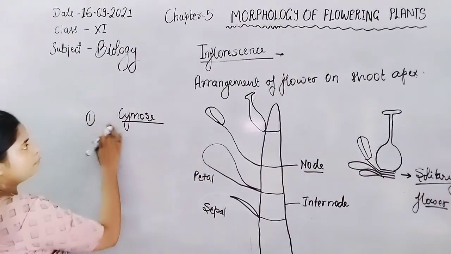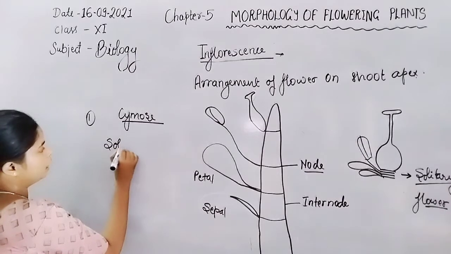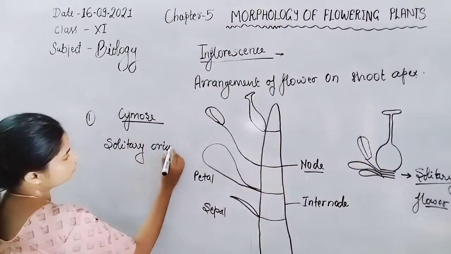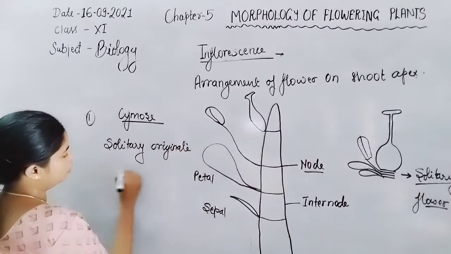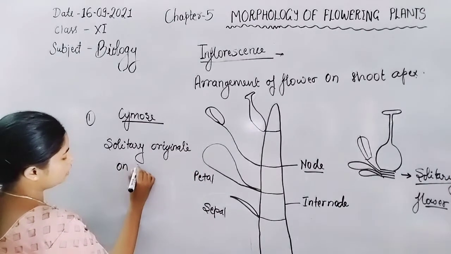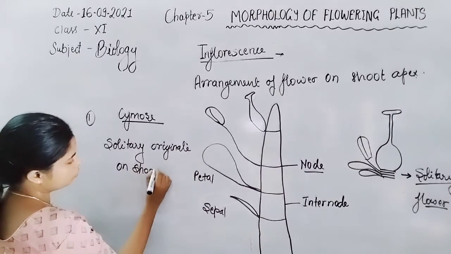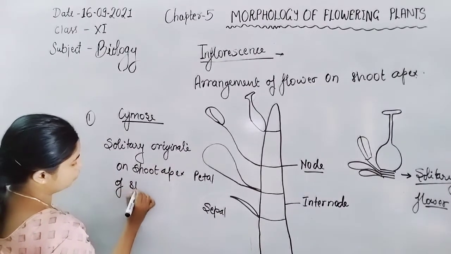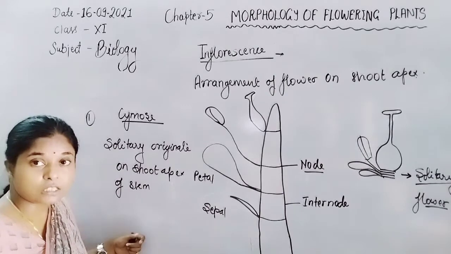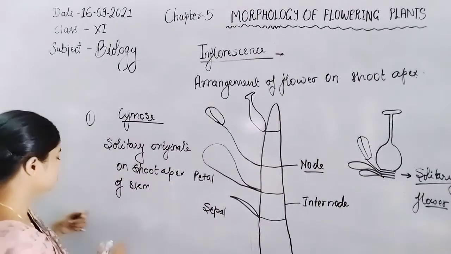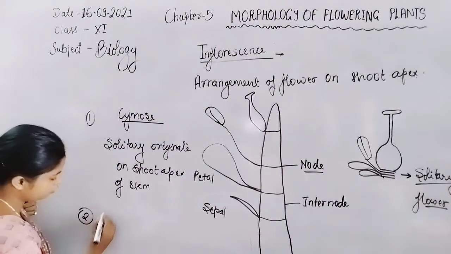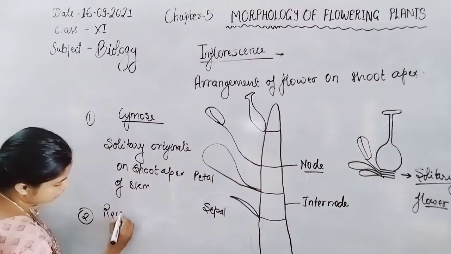In such type of inflorescence, a solitary flower originates on the shoot apex of the stem. Such type of inflorescence is known as cymose, and second is racemose.